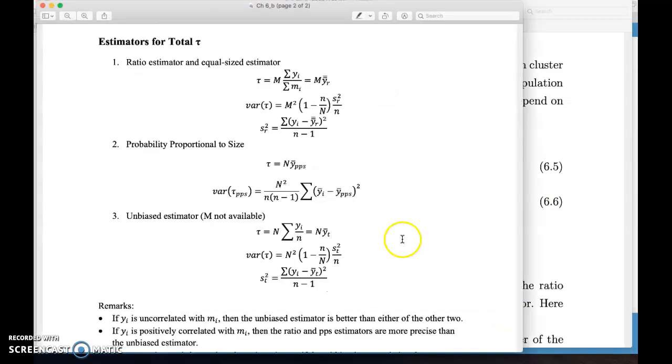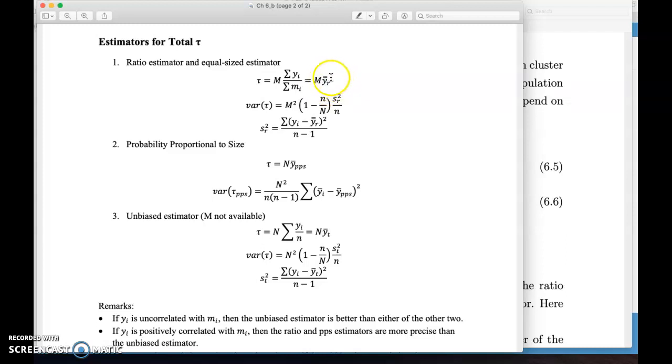Okay, so with these estimators for the total tau, under ratio estimation and for the equal size estimator, we can use a capital M multiplied by our Y double bar, because this indicates the per capita average.